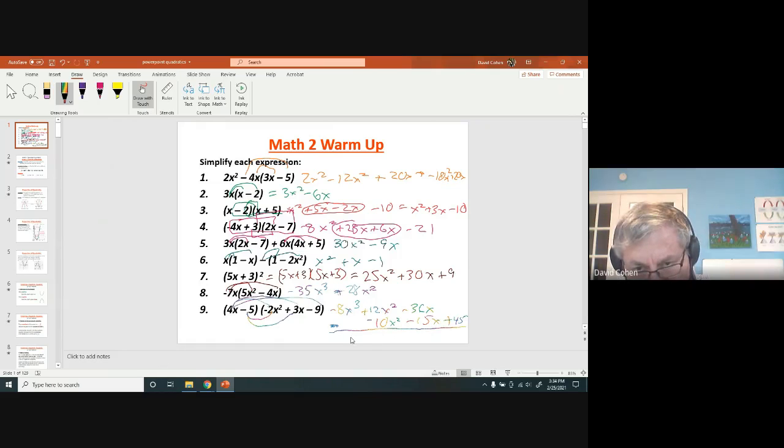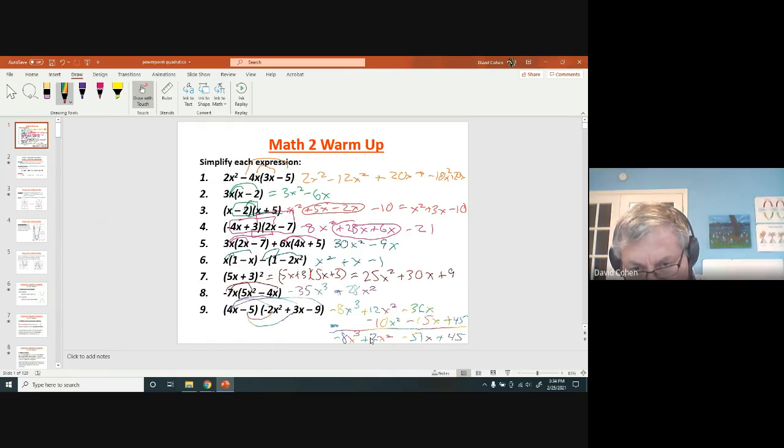This is another way to do it, especially with polynomials. Negative 8x cubed. We add 12x squared minus 10x squared, which gives us 2x squared. Now we have negative 36x, negative 15x, which is negative 51x, and 45.